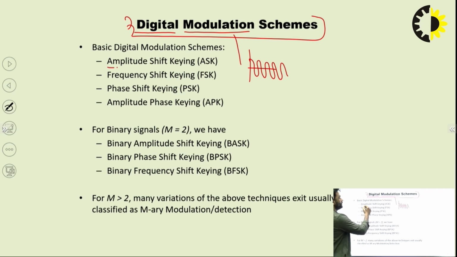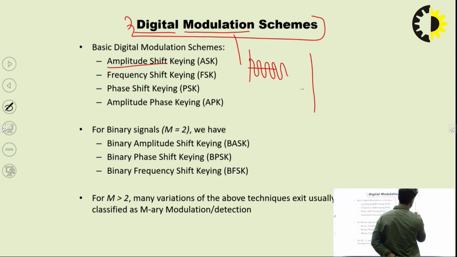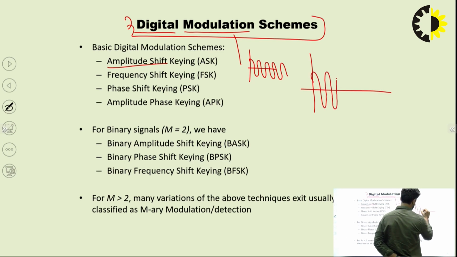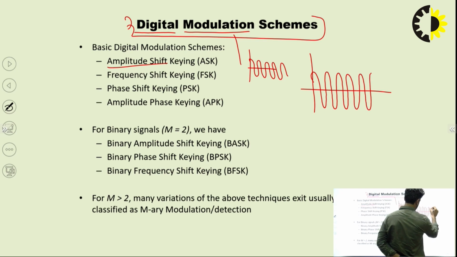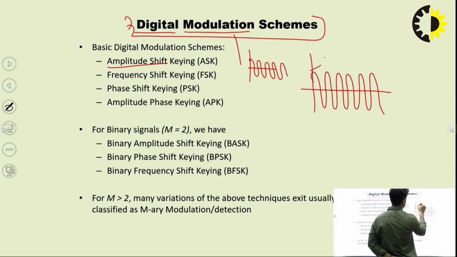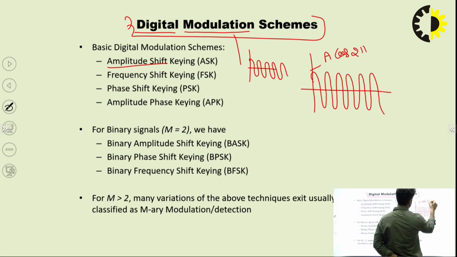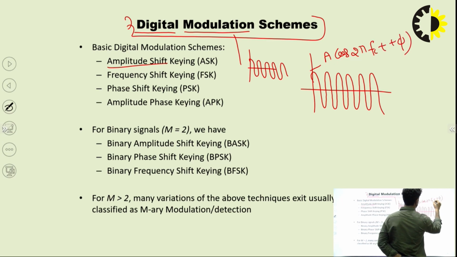The carrier signal is A cos(2 pi FC t plus theta).